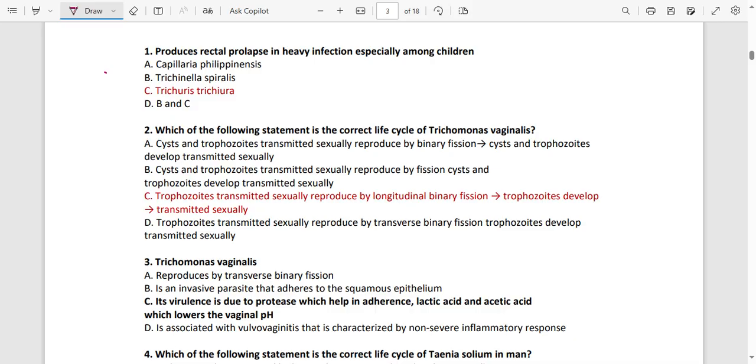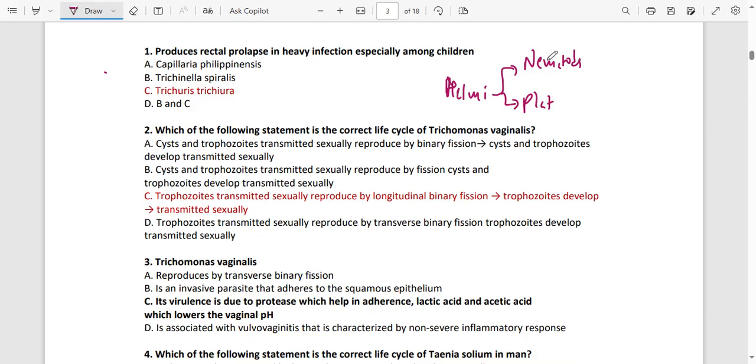Let me not move ahead. When you're talking about classification of worms, you can classify worms into two. We call them helminths. You can classify the helminths into nematodes, which are the roundworms, and then platyhelminths, which are the flatworms.